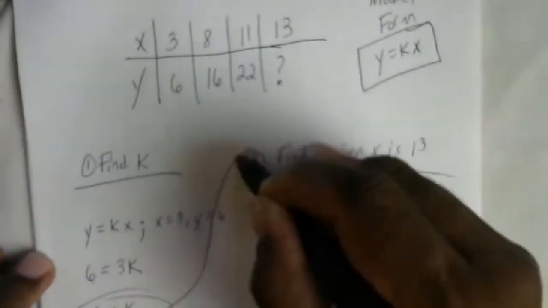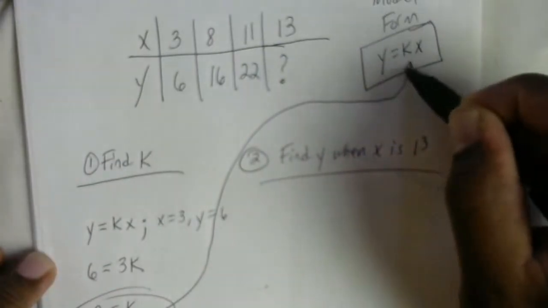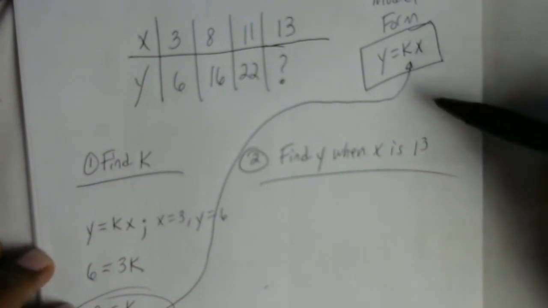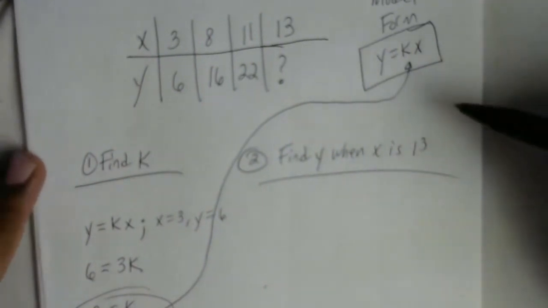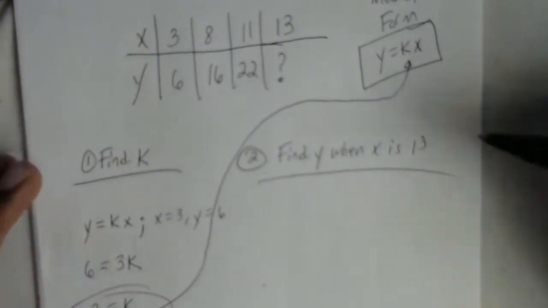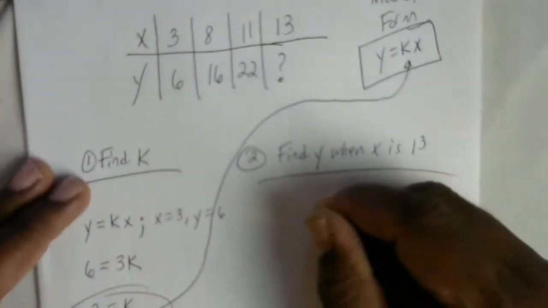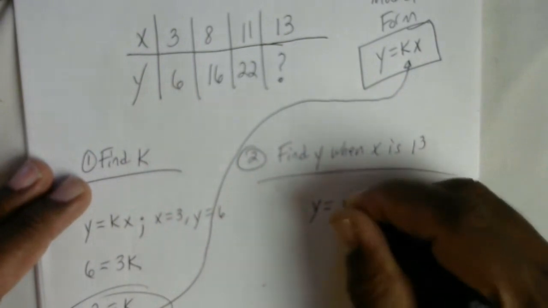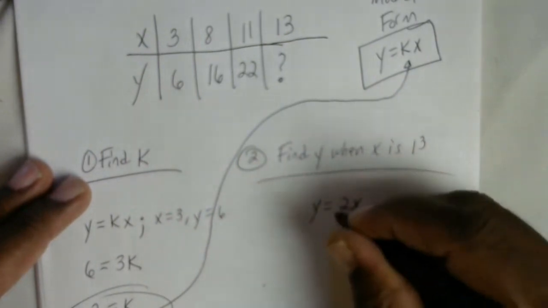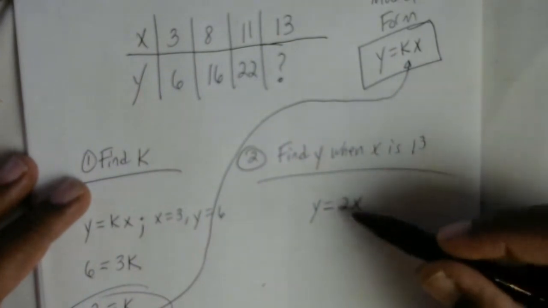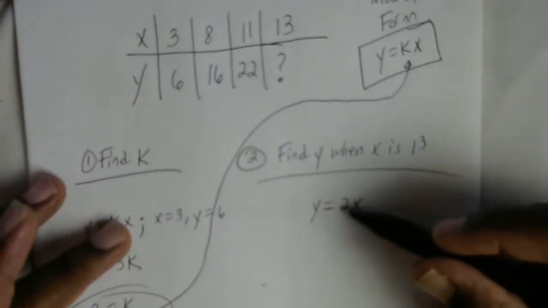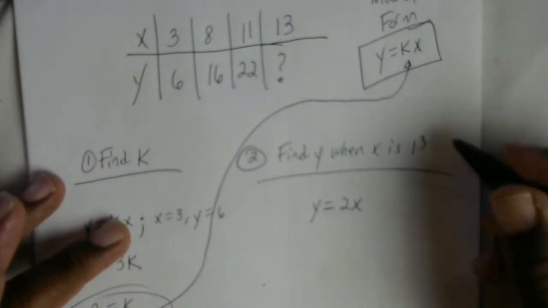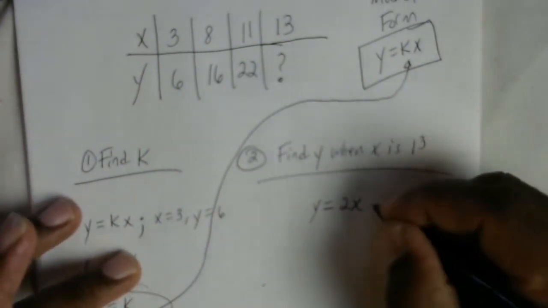So I'm going to substitute 2 for k in this model form, and that's going to be my direct proportion equation. I'm going to write that out as y is equal to 2 times x. And I'm going to use this equation to find y when x is 13.